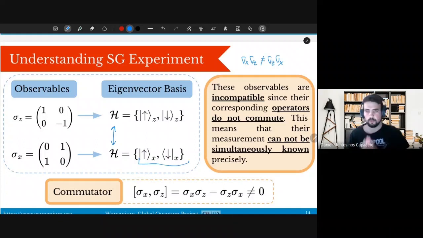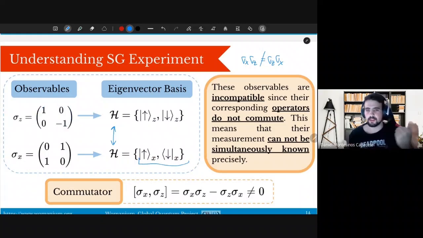That's the meaning of not commuting. This is something I said when discussing linear operators: it's important that linear operators don't commute in general. You can test this just by doing the matrix multiplication.